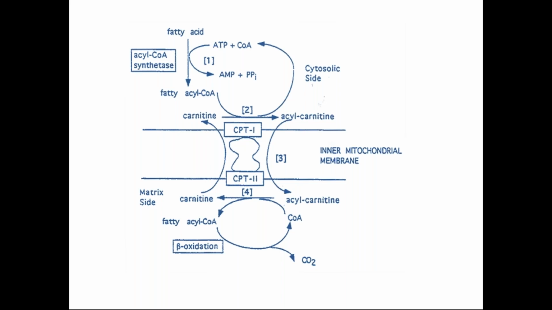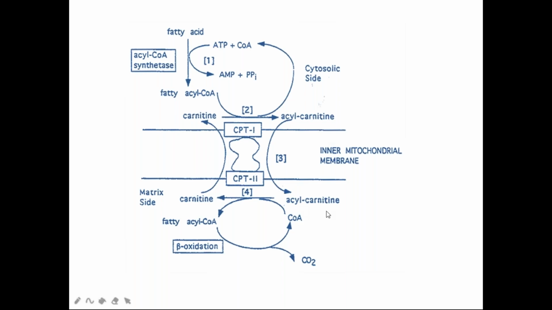mitochondrial membrane. So in this way, the long chain fatty acid, that is the activated long chain fatty acyl CoA, is transported in the form of acyl carnitine inside the mitochondrial matrix with the help of the enzyme translocase.